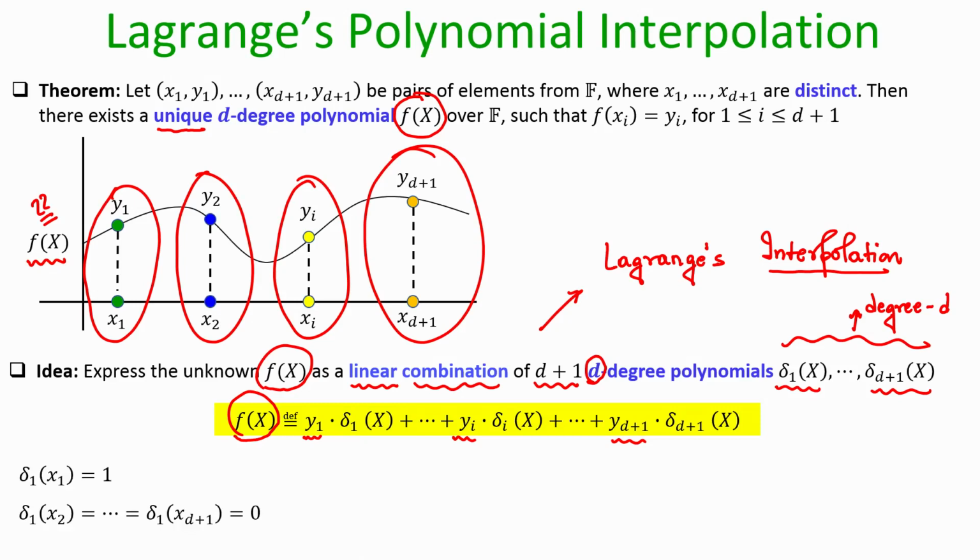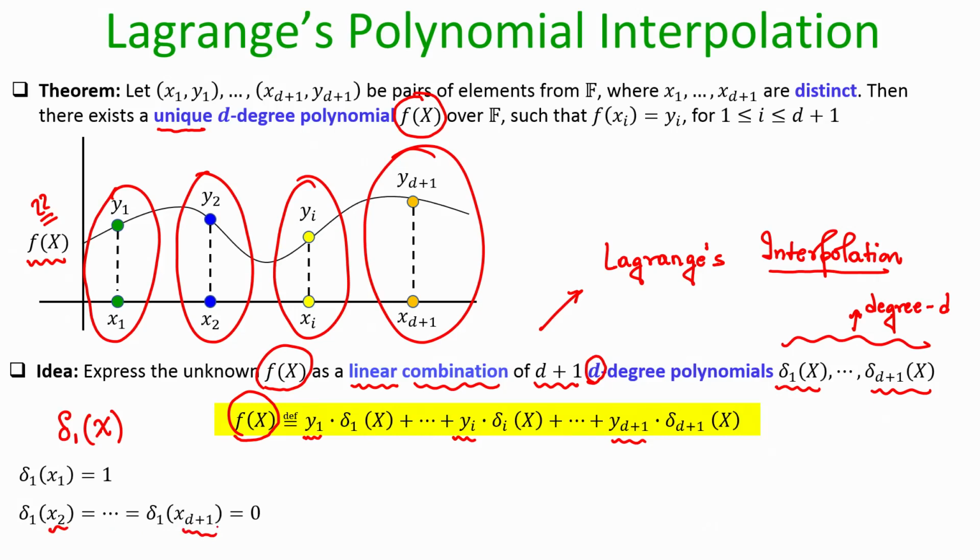The speciality is the following. If I consider the delta 1 of x polynomial, then it has d number of roots, and what are the roots? The roots are x 2, x 3, x 4, up to x sub d plus 1.